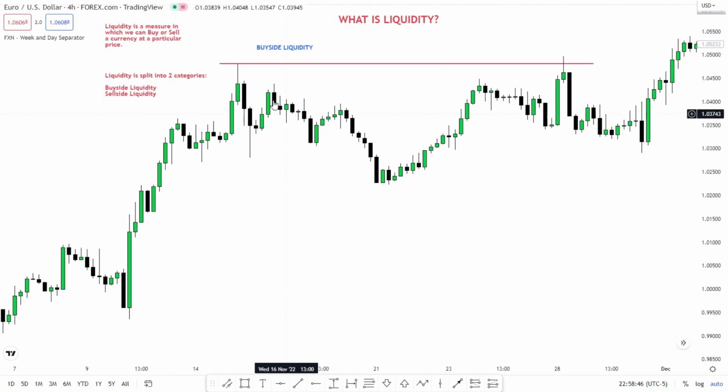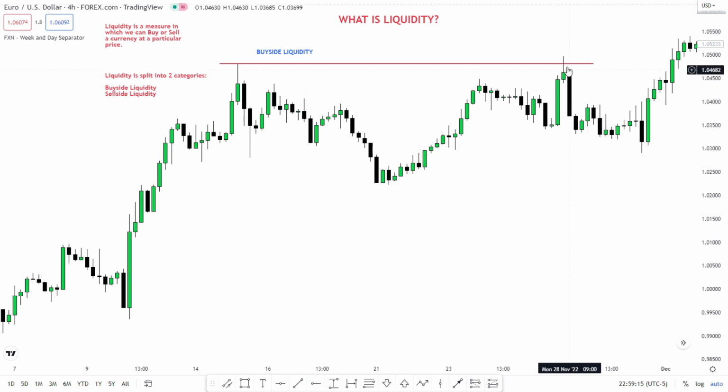If you have a market that was initially dropping and then started rising higher, buy side liquidity is an old high. Above the old high, we have buy side liquidity. Essentially we have stops that were placed there by some traders that the market will seek to take out and then sell.